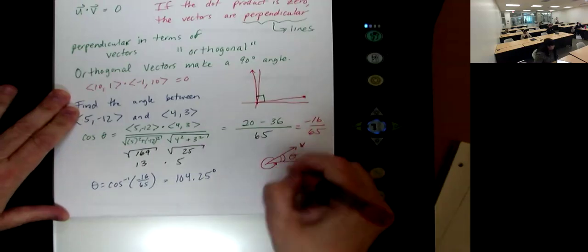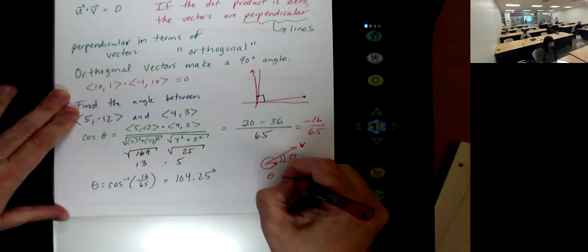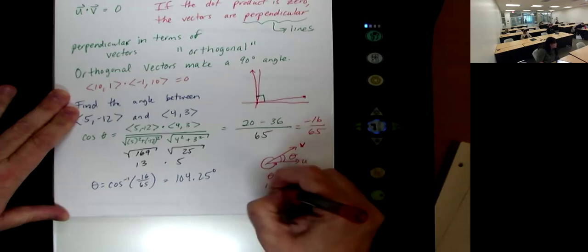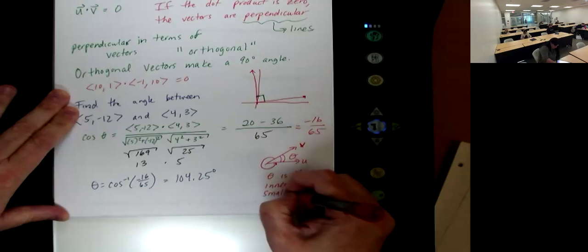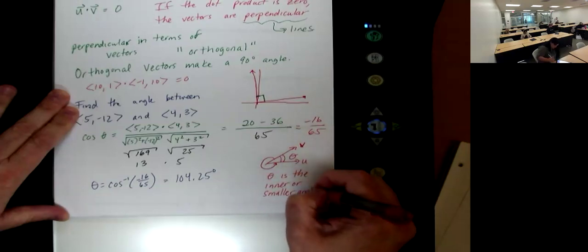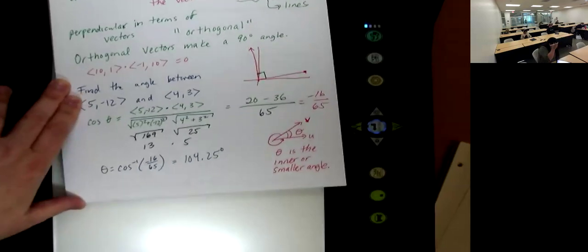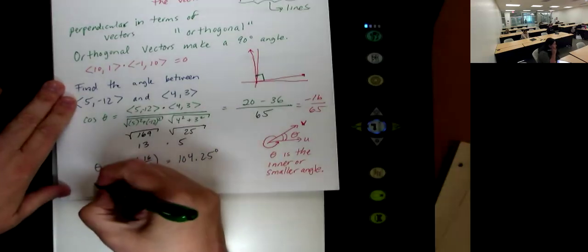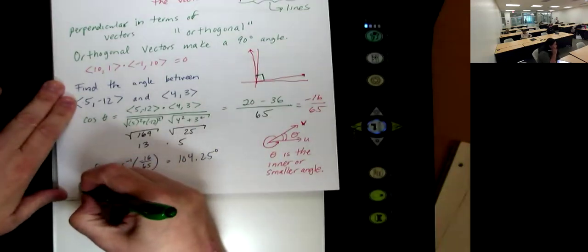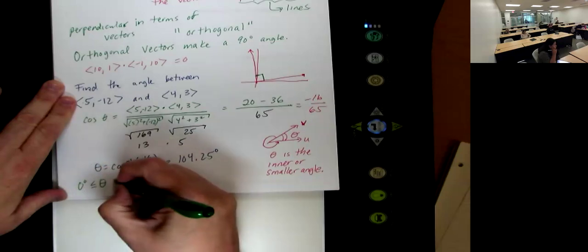Theta is always the inner angle, which means theta is always between 0 degrees and 180 degrees.